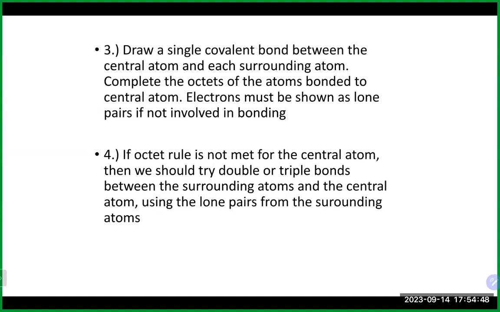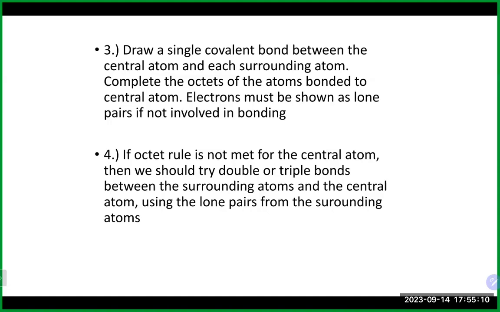Once you have the total number of valence electrons down, draw a single covalent bond from the central atom to each of the outside atoms. I personally will use lines for that. If you want to use dots, you can, but I'll use lines to show the bonding electrons.